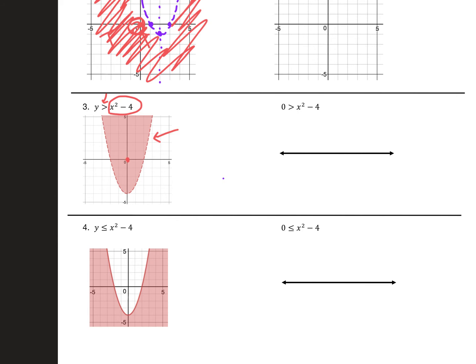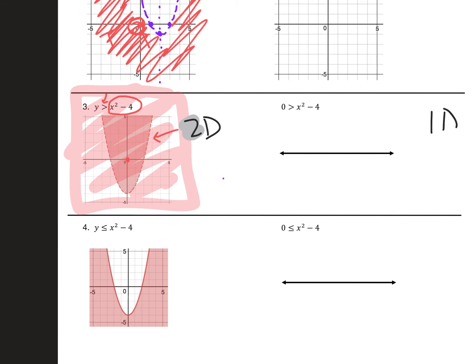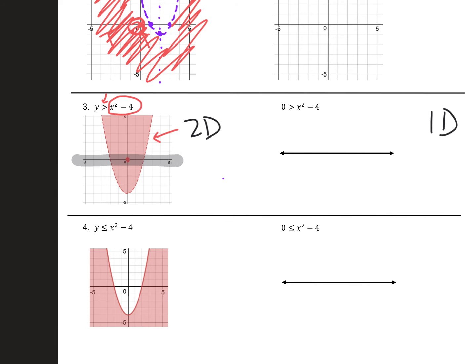Now, for this problem, I want you to take this knowledge, what you know here, and change it from being in 2 dimensions, I'm sorry about that, 2 dimensions into 1 dimension, okay? So really, the easiest way that I can think of to explain this is that this, hold on, I need a highlighter. This axis right here, this x-axis, is in actuality that line.